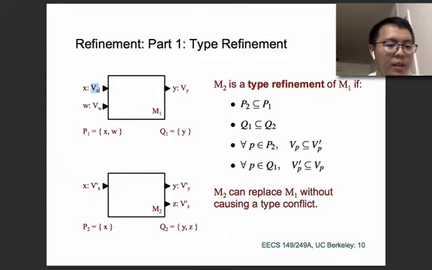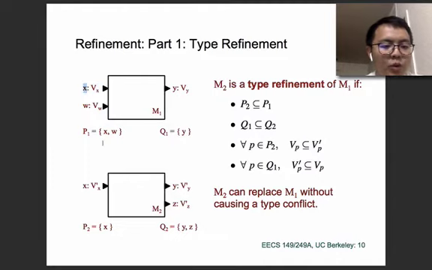If X is a pure signal, the size of V sub X will be 1. So let us focus on X.